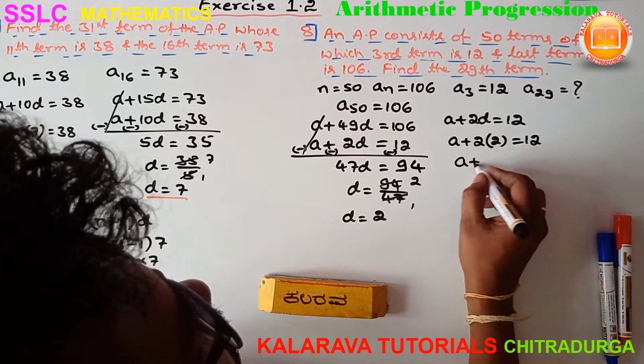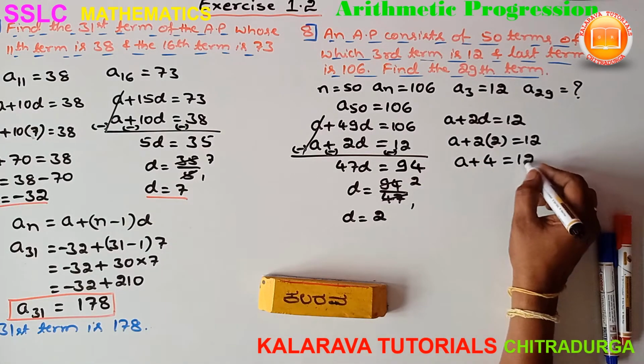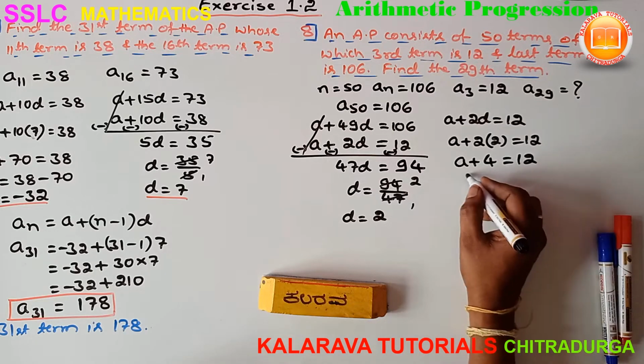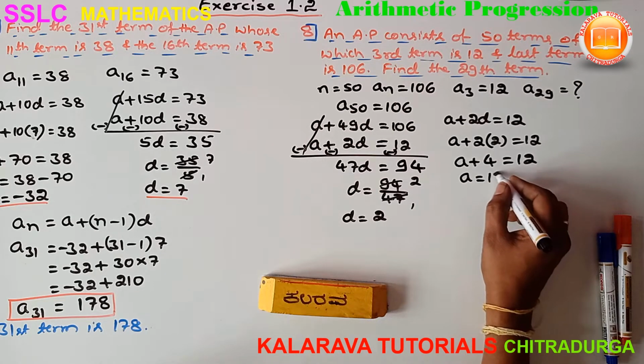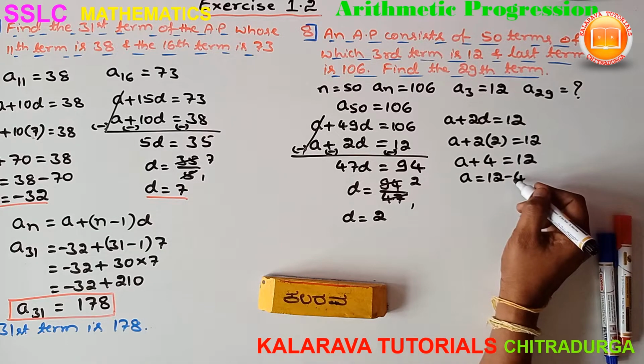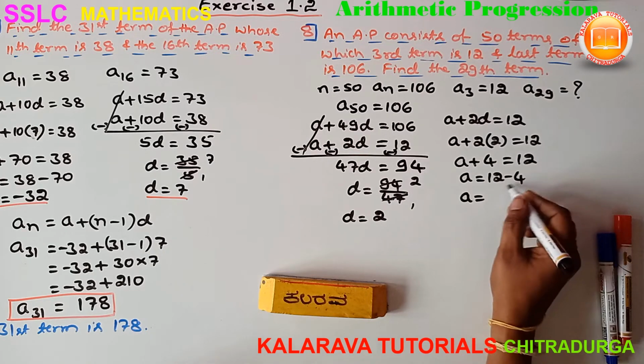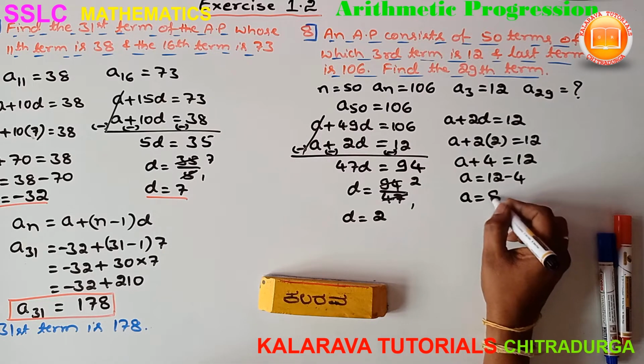Here A plus 2 twos are 4 is equal to 12. So now we have to transfer 4 to the right hand side. A is equal to 12 minus 4. Here plus 4 goes to the right hand side, that becomes minus 4. So A is equal to, by subtracting 4 from 12, we get 8.